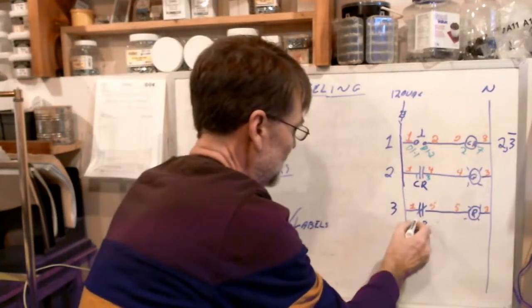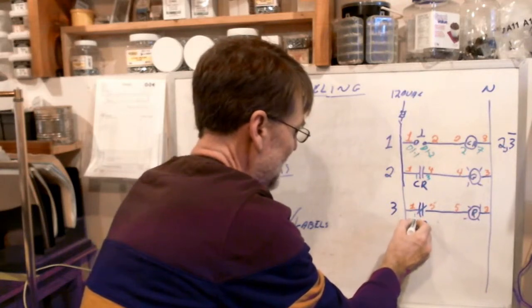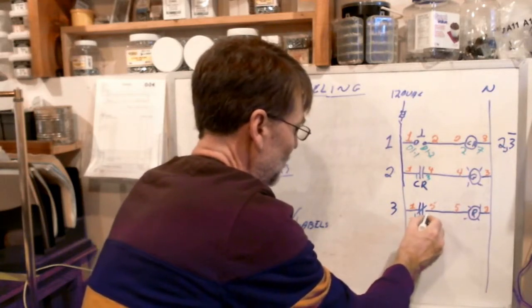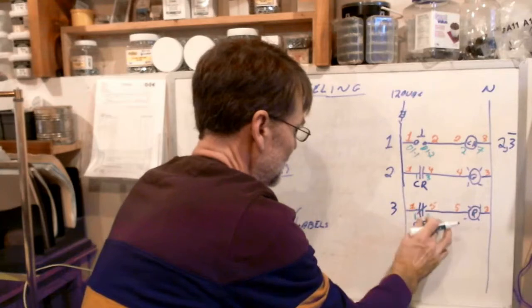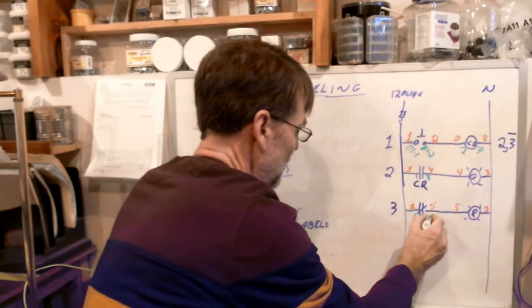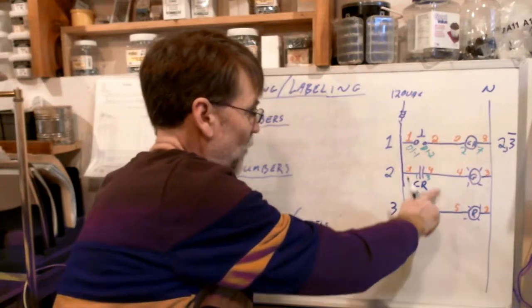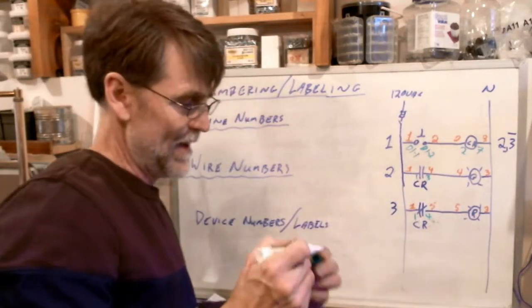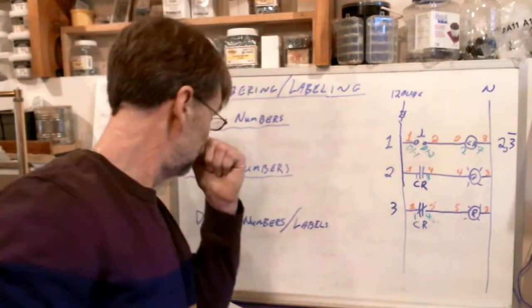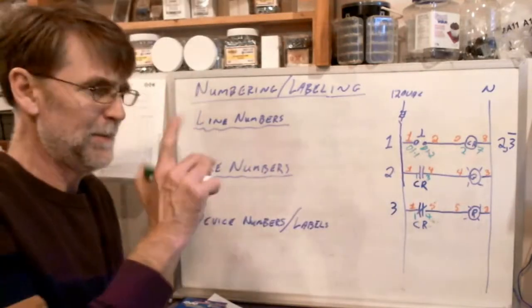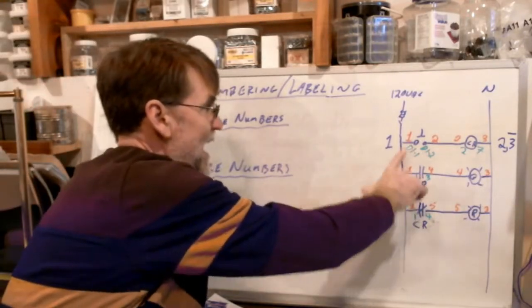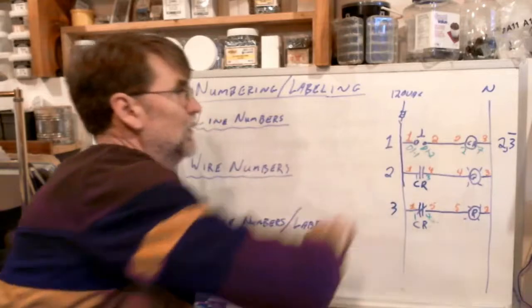And so down here, this could also be that same common 1 with the normally closed contact, which is 4. I always have to double check myself on that. The 4 and the 3, I might have gotten that reversed. Okay?